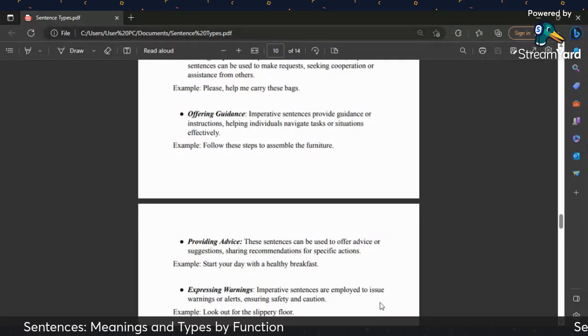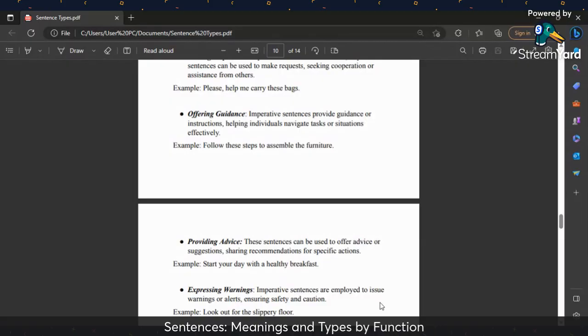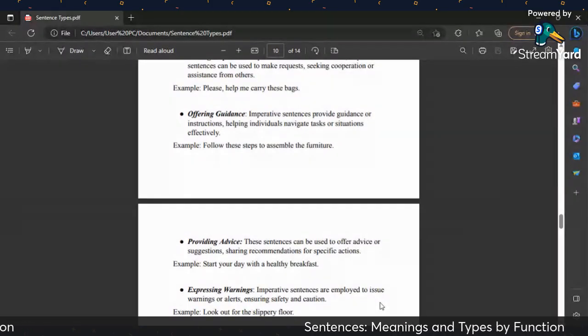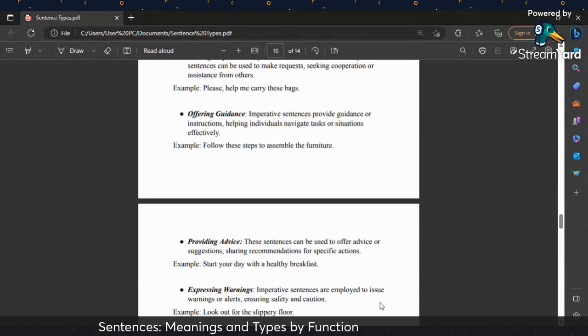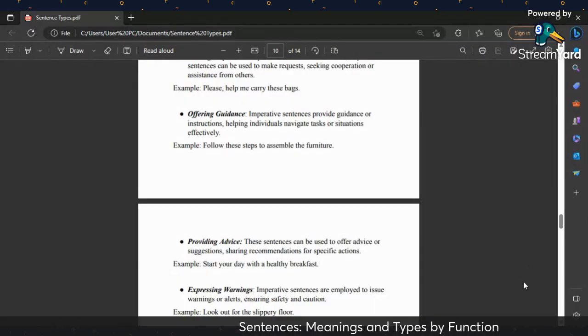I mean, they perform any of the functions of interrogative, imperative, or declarative. We still have another type. But what I'm just trying to say is that anything you say falls under any of the functions of a sentence. Your sentence can either be imperative, interrogative, declarative, or the last one we'll be talking about now.